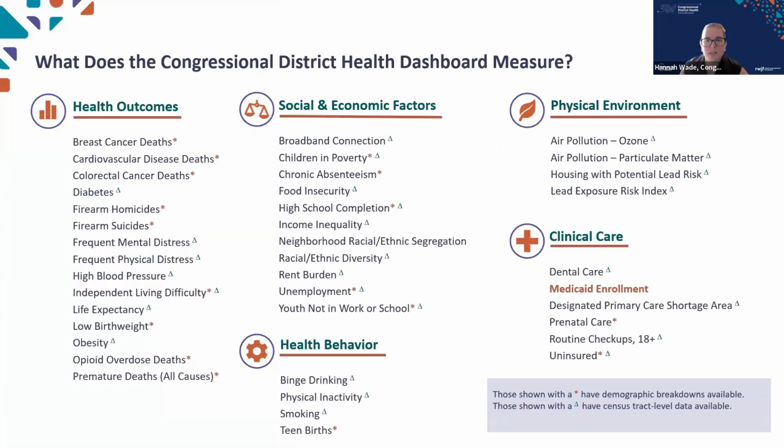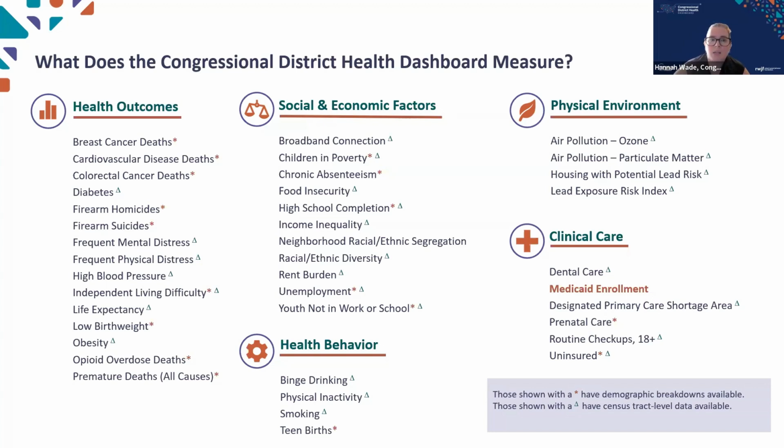So I've been talking about data, health and health-related data. These are all of our measures for the Congressional District Health Dashboard. We have 40 measures across 5 different domains. Those domains are health outcomes, where we have typical health data that you see, like deaths-related data and disease-related data. We also have social and economic factors.